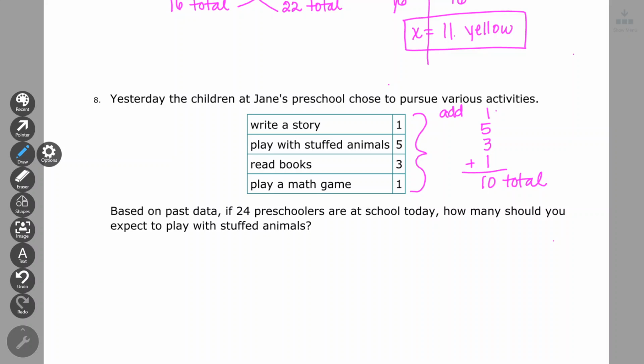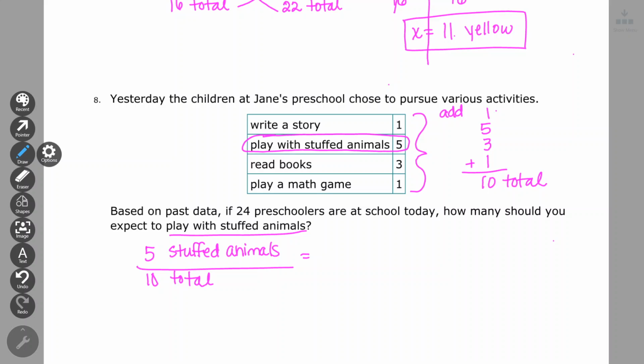All right, so now how many of those 10 played with stuffed animals? Okay, so we've got to say 5 played with stuffed animals out of 10 total students.